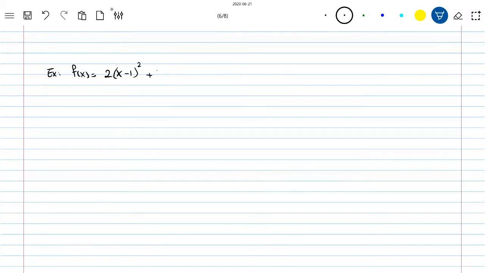Let me make this 2 1/2. Or why not, let's keep it as 2. Plus 1. I don't want the numbers to get too large, but that's okay. So here is an example of transformation where you can combine the information that you have learned. If you start with a simple function f of x equal to x squared, what changes do you make to get to this function?